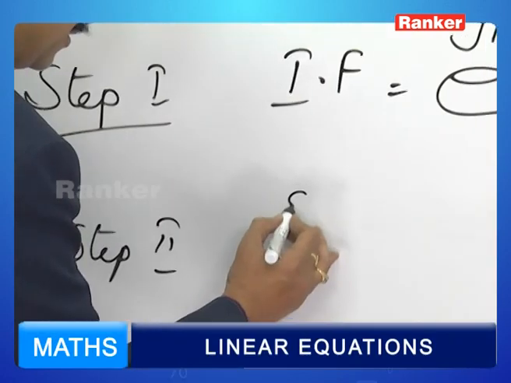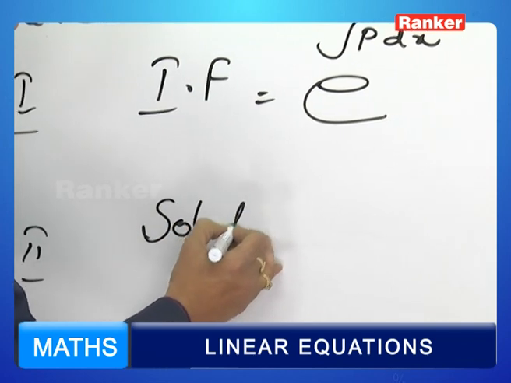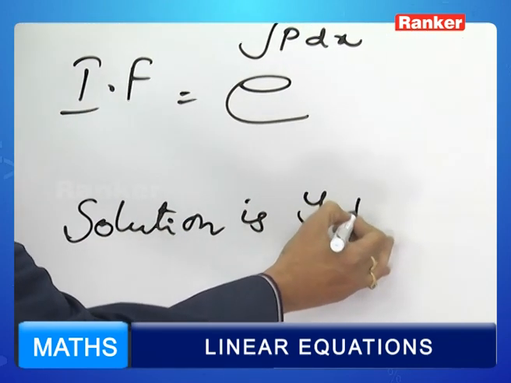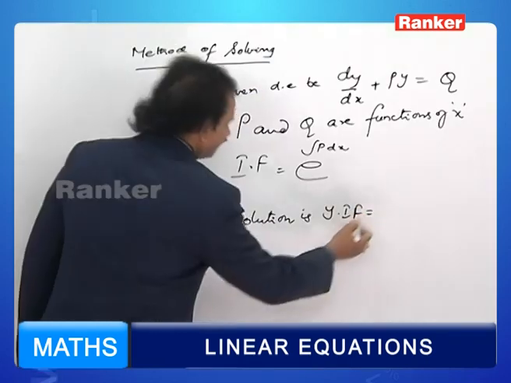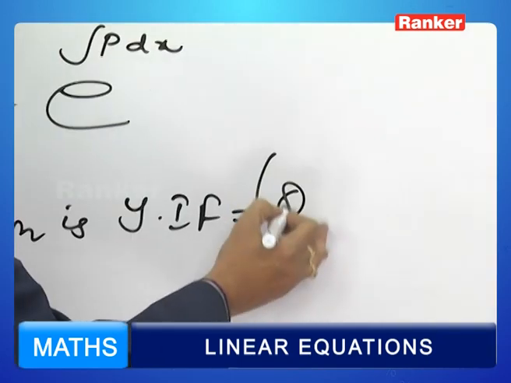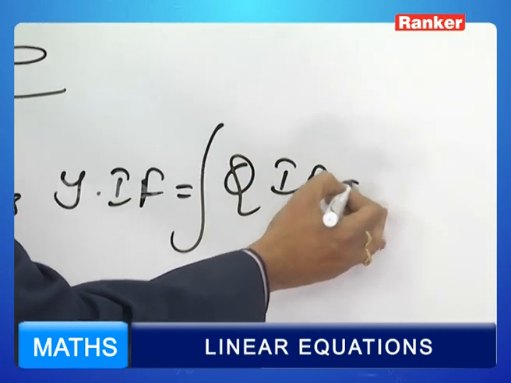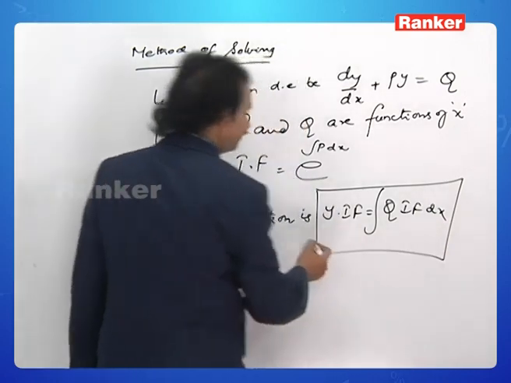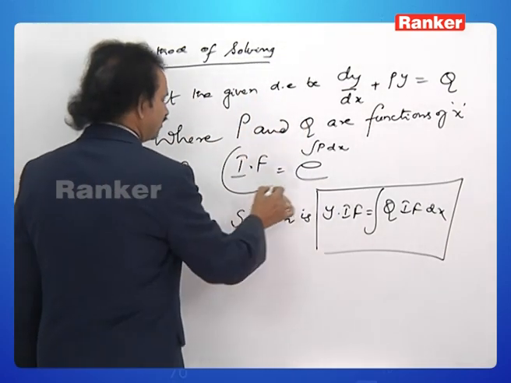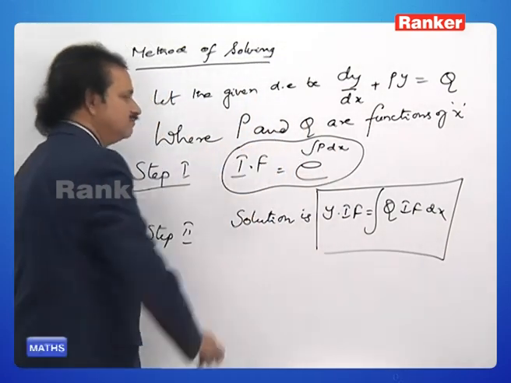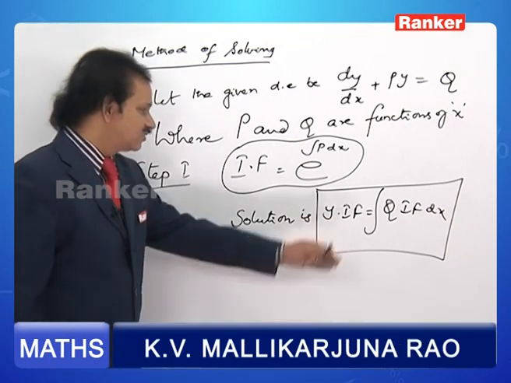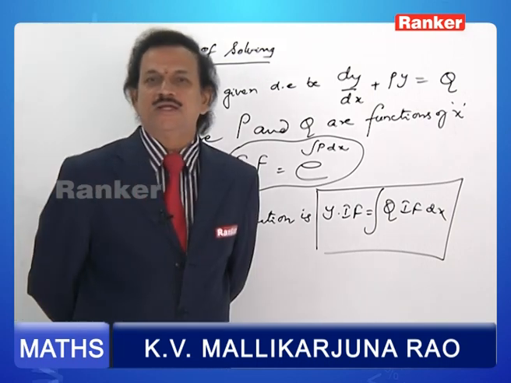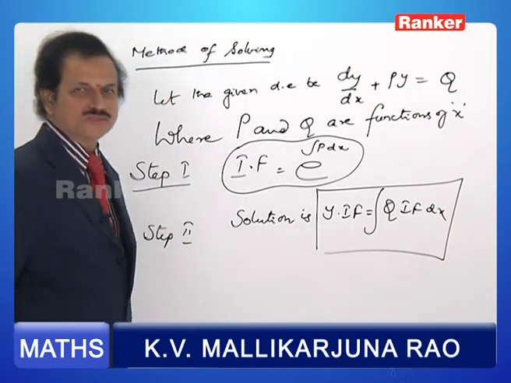The solution is y into integrating factor is equal to integral of Q into integrating factor dx. This is the first thing that you have to learn, and ultimately the solution is y into integrating factor is equal to integral of Q into IF dx.